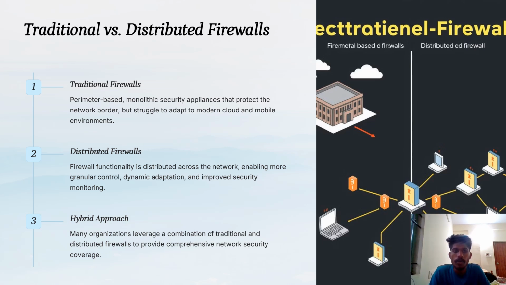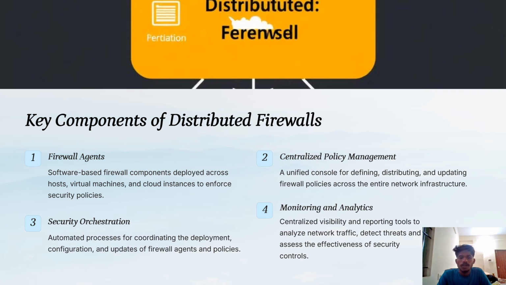Moving on to the next topic, the key components of distributed firewalls. Firewall agents, centralized policy management, security orchestration, and monitoring and analytics. Firewall agents: software-based firewall components deployed across hosts, virtual machines, and cloud instances to enforce security policies. Centralized policy management: a unified console for defining, distributing, and updating firewall policies across the entire network infrastructure.